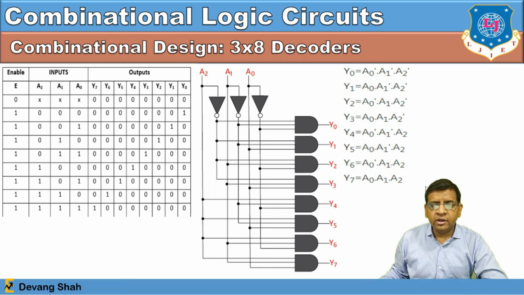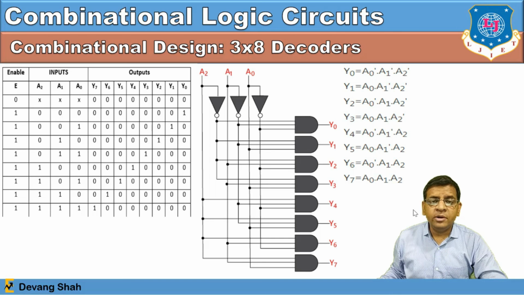From these boolean functions you can see the digital circuit, where Y7 is an AND function of A0, A1 and A2, with complements where needed. This combinational circuit is made up exclusively of NOT gates and AND gates, right? So this is the 3 to 8 decoder.